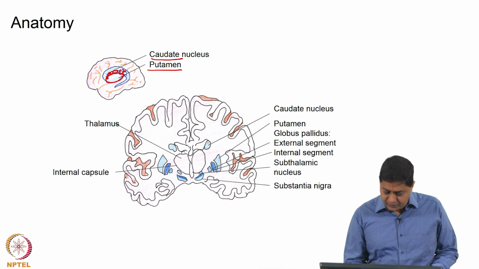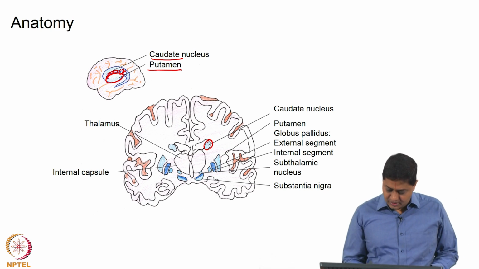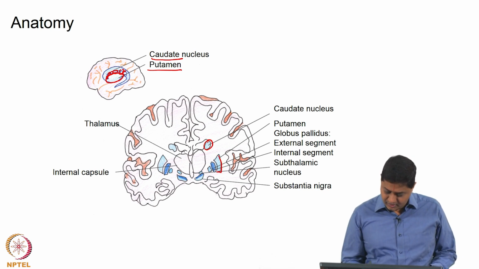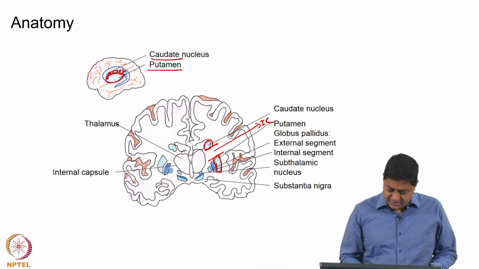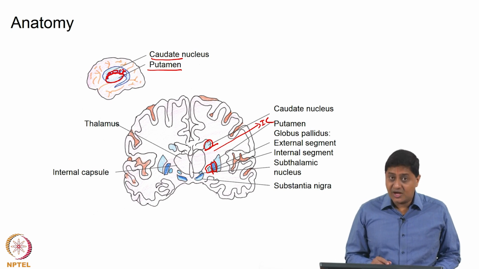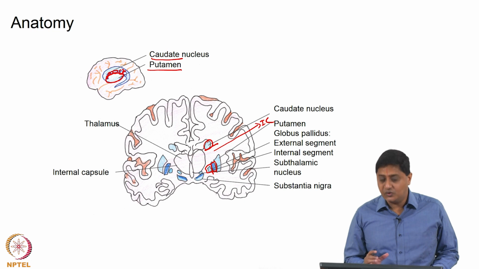So, you have caudate nucleus here, this is a coronal view, and you have putamen here. What is here? This is the internal capsule, which essentially separates caudate and putamen. Medial to the putamen you have globus pallidus, that is divided into two distinct nuclei called the globus pallidus internal and the globus pallidus external.